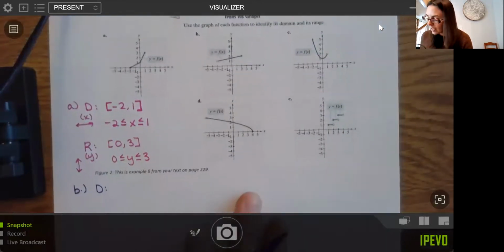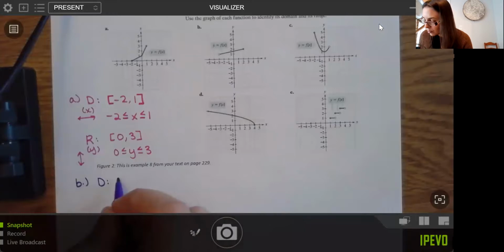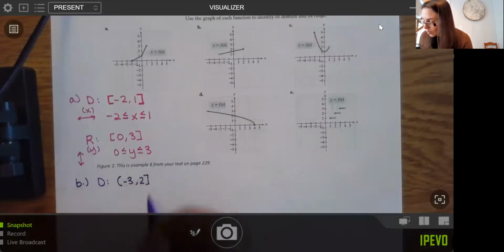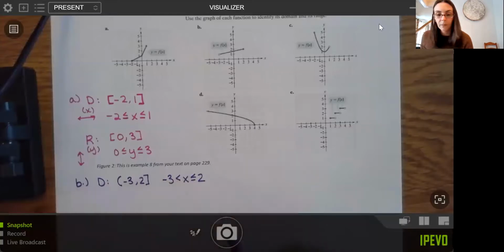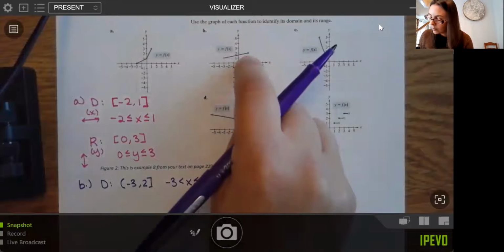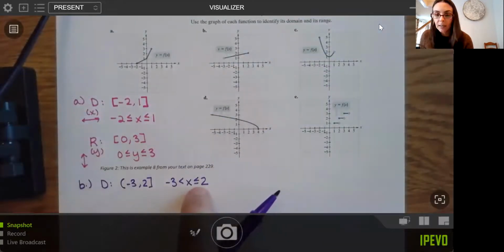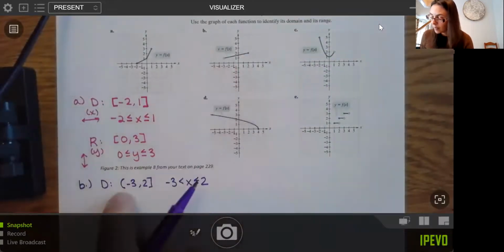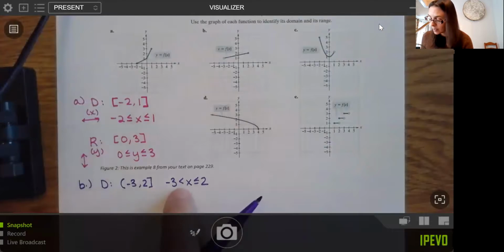So when we're not including the endpoint for interval notation, you're using parentheses. Or if you're using set notation, it would be -3 is less than X is less than or equal to 2. So notice that when endpoints are included, I'm using the brackets or the equality piece. And when the endpoints are not included, I'm using the parentheses or the strict less than or greater than.